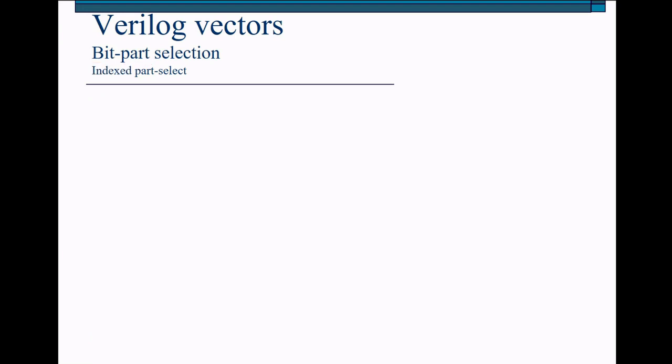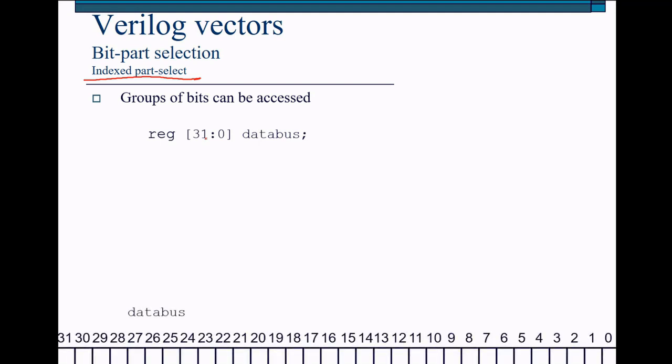Another way in which we can perform bit part selection is to use what's called index part selection. Just like constant part selection, this allows us to access a group of bits using 2 integers. If, for example, we have the following declaration, it's a 32-bit vector of type reg, what we can do to access groups within the data bus is to use the following.